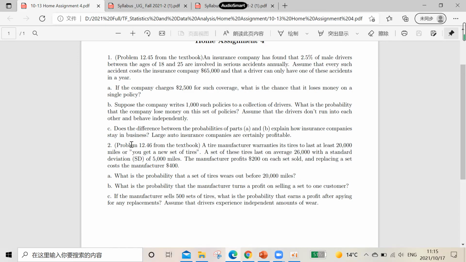You'll probably calculate the mean and the standard deviation first because you can use the formulas NP and NPQ. Remember that. So N is 500. I'm looking for the probability that they earn a profit, so P is 0.885 from part B. Yeah, you could do that.